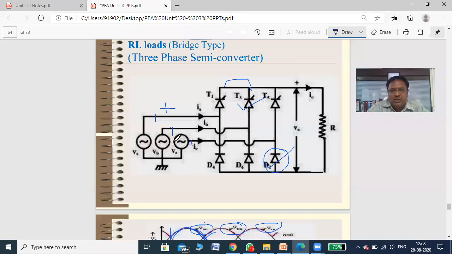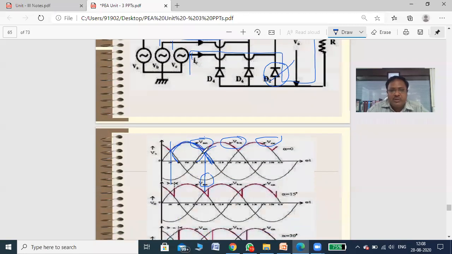So T3 turns on as you apply the trigger pulse, then current starts to flow from phase B, T3, then R, then D2, and then back to phase C. Okay. So again, at that time you will get the next pulse, or maybe the next part of the output voltage.